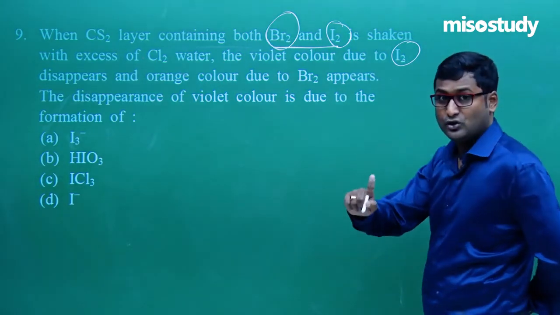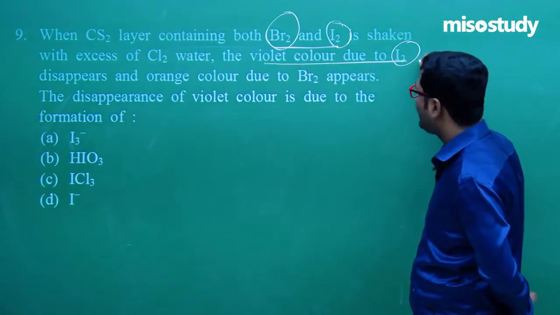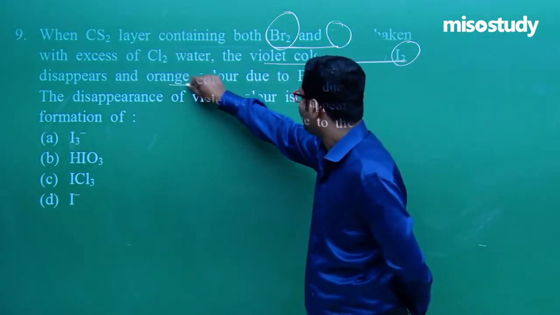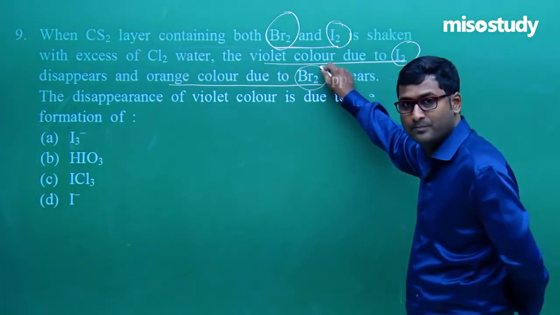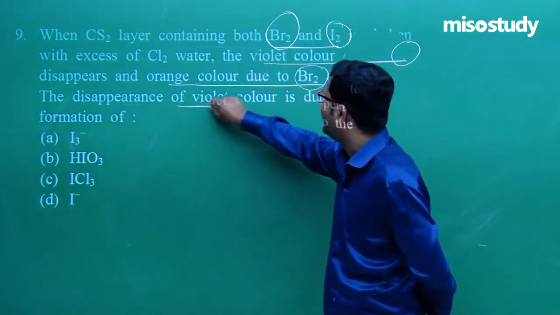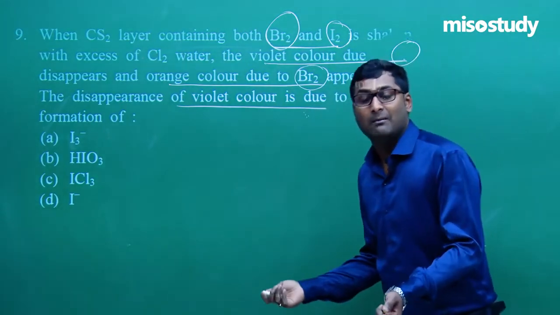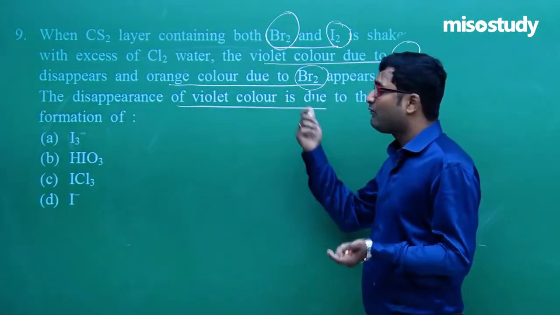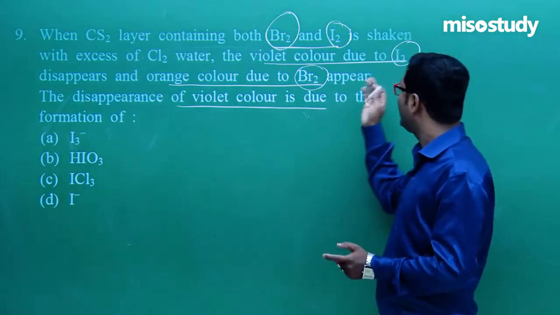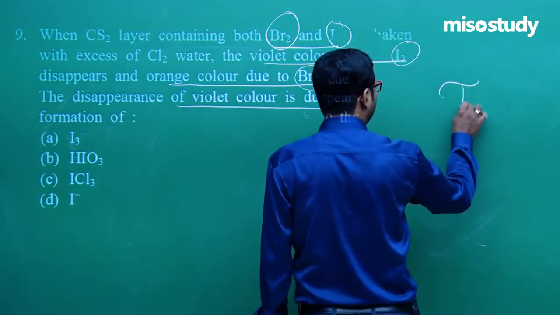Now read the question carefully. According to the question, they are talking about the disappearance of the violet color. Why does the violet color disappear? That is definitely due to the conversion of I2 taking place. Then definitely what will happen?